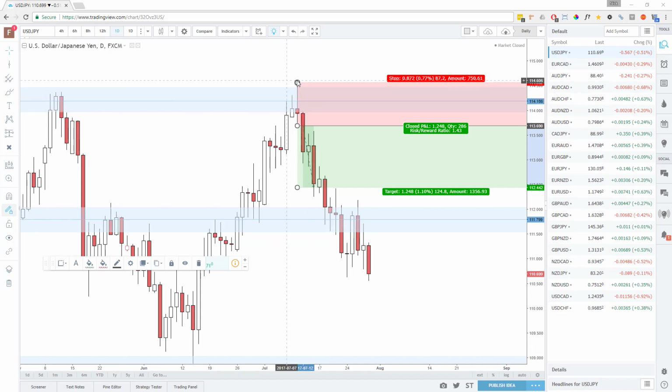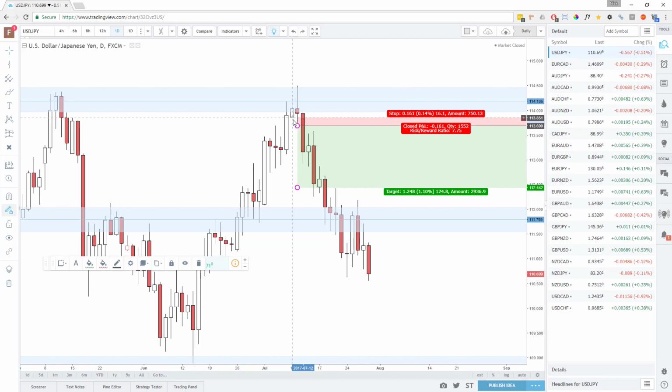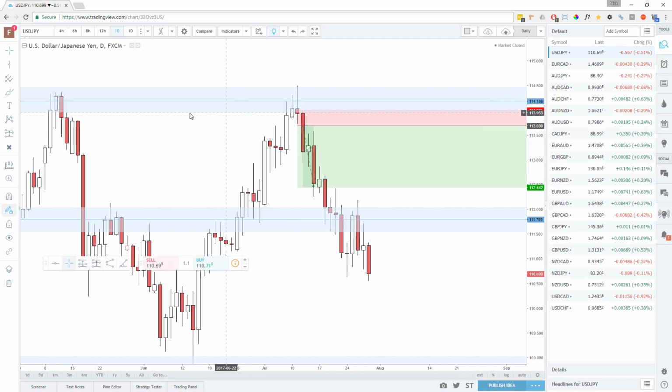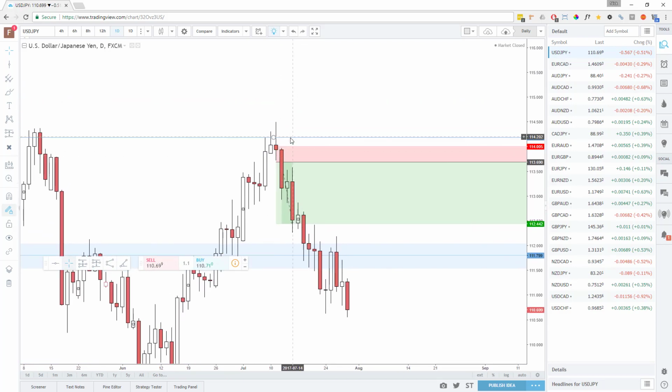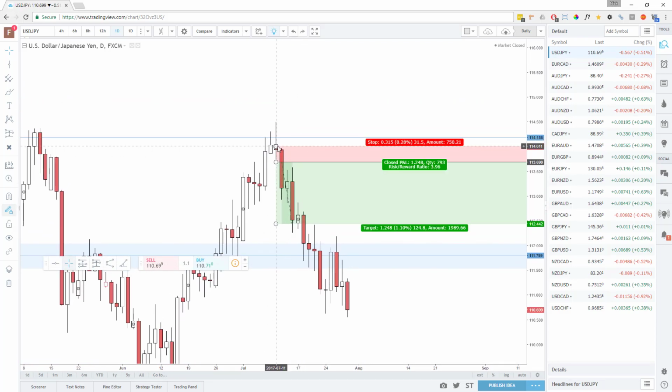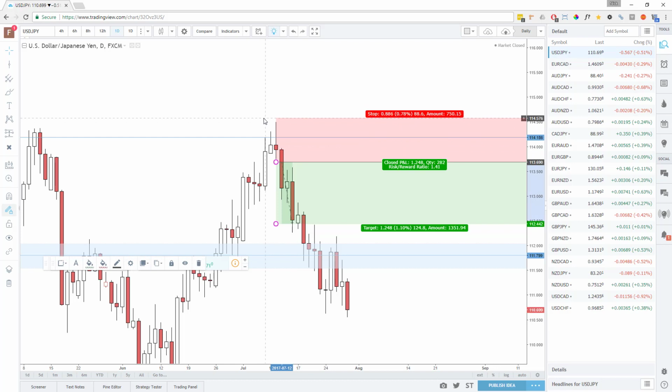Now, with this resistance area, when you're placing your stop loss, you want to place it above, and remember the shaded part is not that important. You just want to place it towards the top side of this middle line that you've placed. You want to place it as high above the resistance area as you can while maintaining a good risk to reward ratio. So what do I mean by risk to reward ratio?